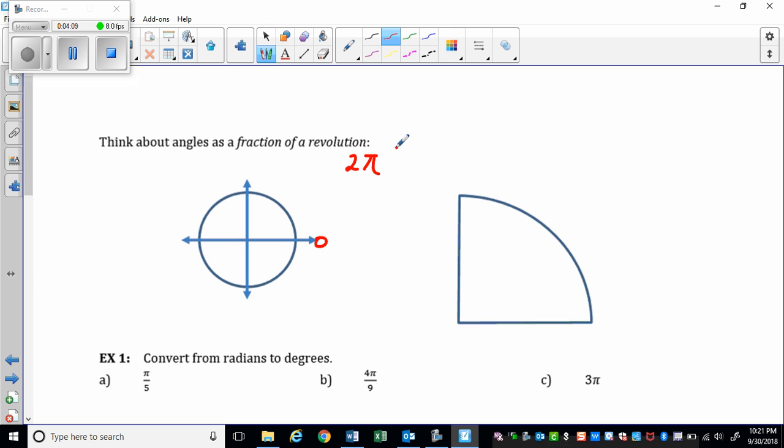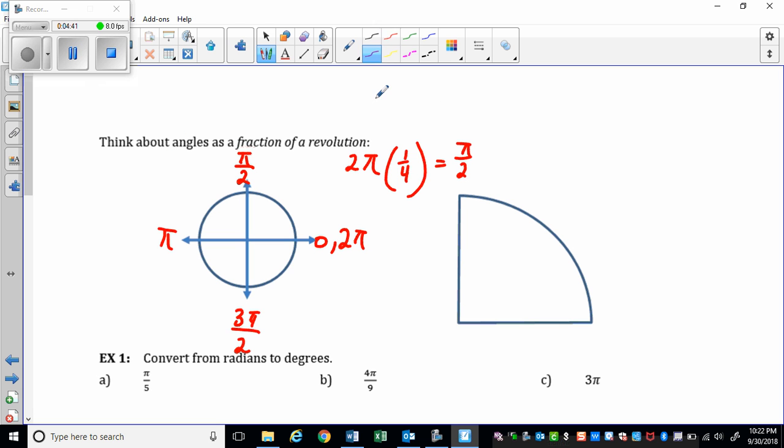So 2 pi times 1/4, 2 over 4 is going to give me pi over 2. So if this is pi over 2, well, this is double that, so 2 pi over 2, which is pi. And this is pi over 2, 2 pi over 2, 3 pi over 2. And then we get back to 2 pi. We know that one full revolution is 2 pi.